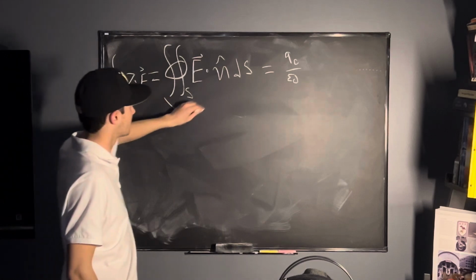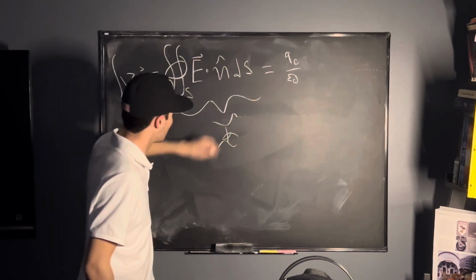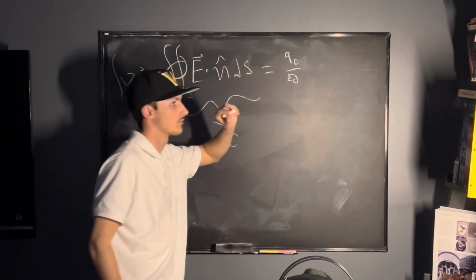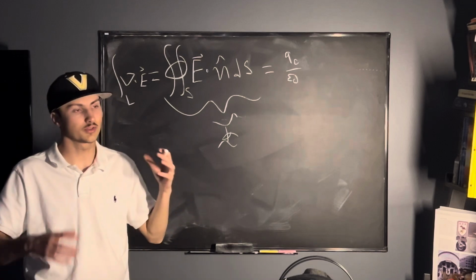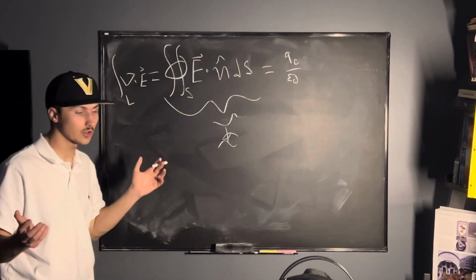This is inherently for flux itself. This is for the flux coming from a charge through a surface that is containing it. But let's go ahead and try to make the argument for it.